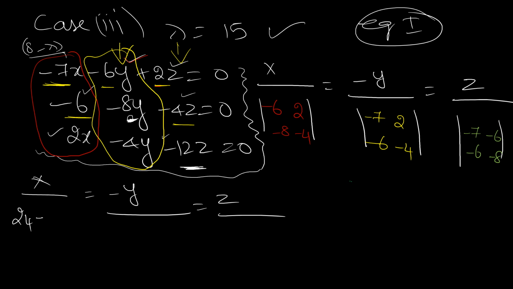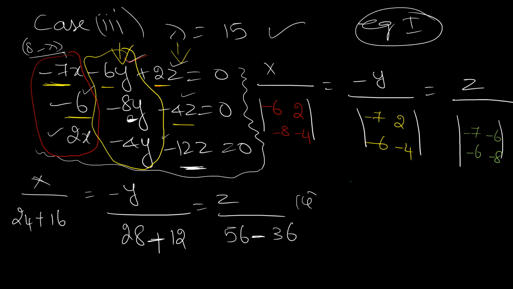So this minus and this minus will become plus 16, and minus y by minus 7 into minus 4, 28. This minus and minus will become plus, minus 6 into 2, so you'll get minus 12. So this again will become plus 12, and finally z by minus 7 into minus 8, that is 56, minus 6 into minus 6, it will become plus 36.